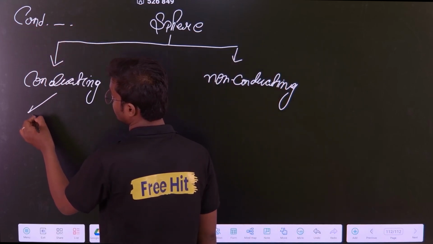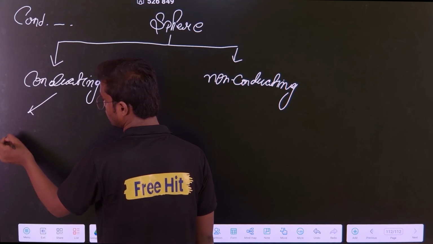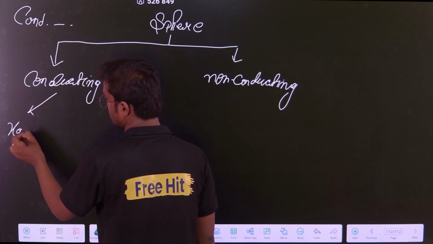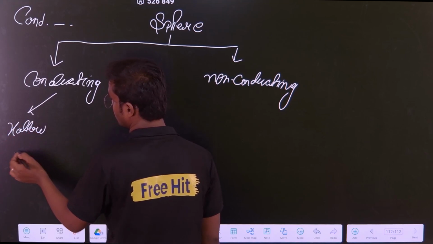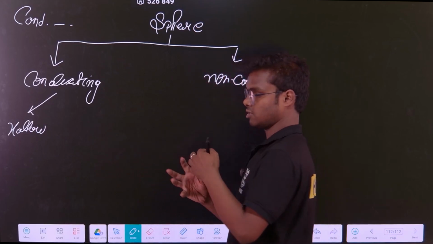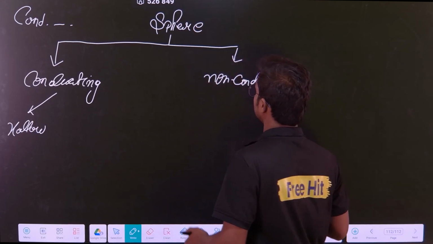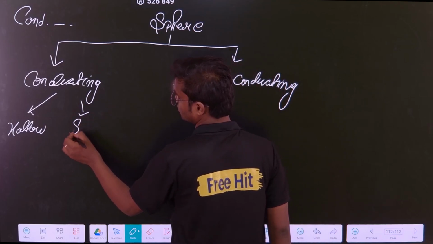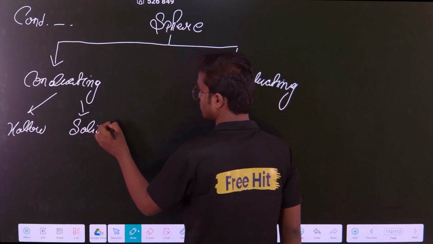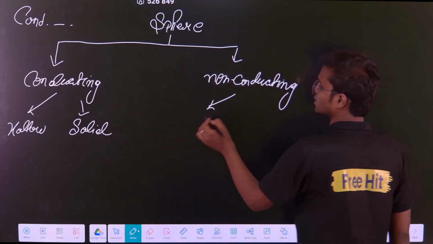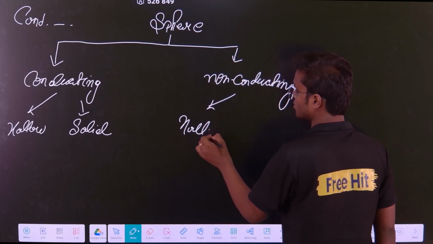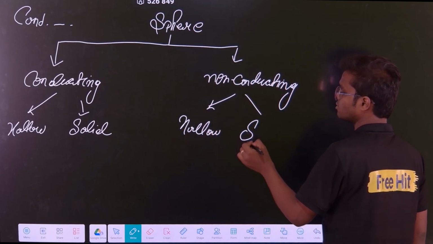In conducting we have two cases. One is hollow. Hollow means inside there is no material. That is one case. And there will be another case, that is solid. Similarly, in non-conducting we also have hollow, and another, solid.